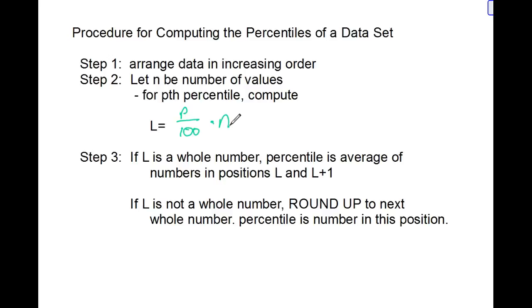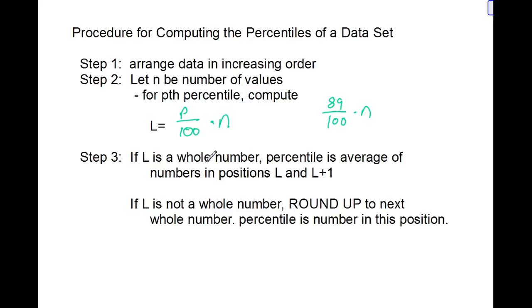Basically, we're going to look at that percentage and multiply it by our n. So if we're talking about the 89th percentile, we're going to take 89 divided by 100 and multiply it by n. So this would become 0.89 times n. This is the same type of process that we would use for quartiles. We're just using it for percentiles instead.